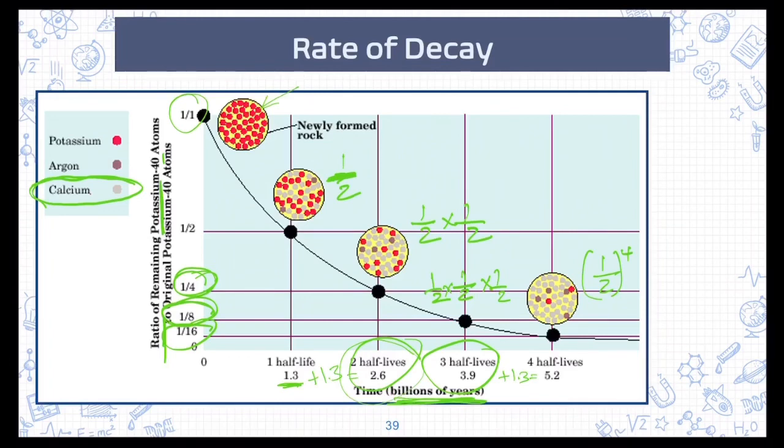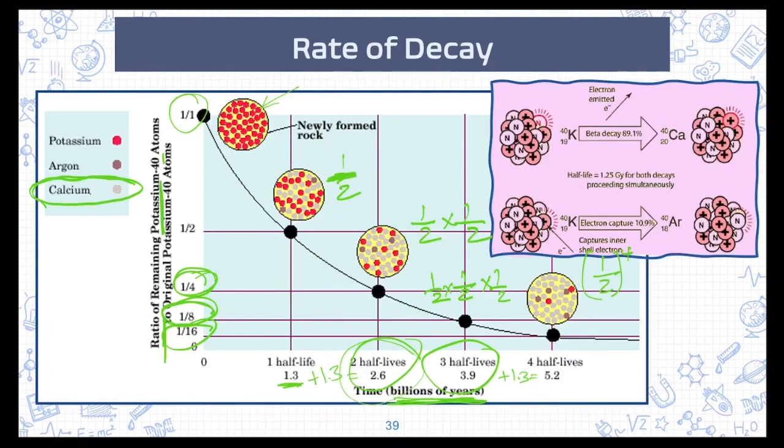For those of you that are very observant and notice that there are more than just potassium and calcium atoms represented in these circles, I will share with you that potassium 40 actually undergoes two types of decay. So 89.1% of the sample of potassium 40 is undergoing beta decay.